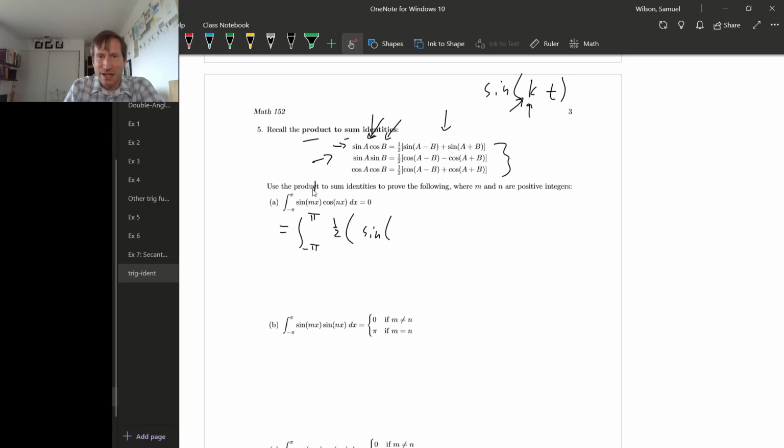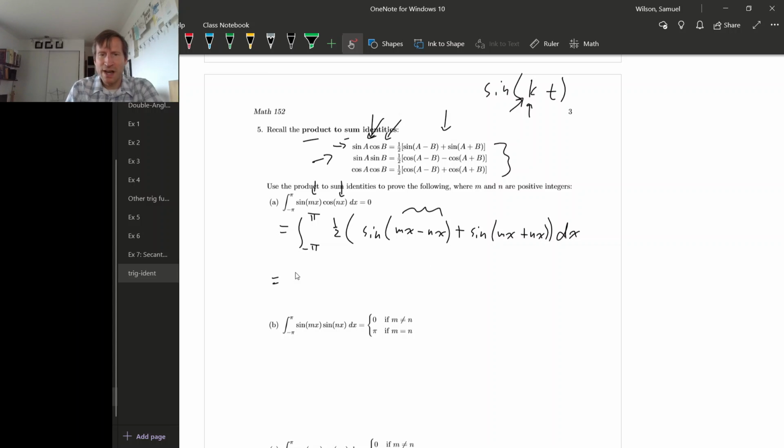So it's this one minus that one. So mx minus nx plus sine of the sum of the two. So mx plus nx dx. Okay. The stuff inside of our trig functions here, we can simplify.